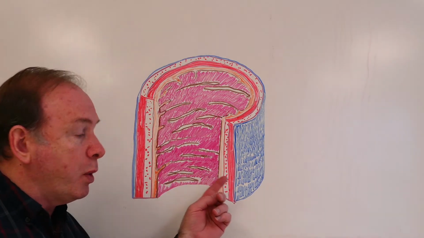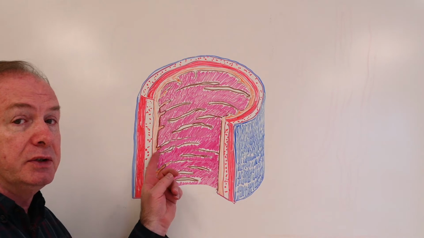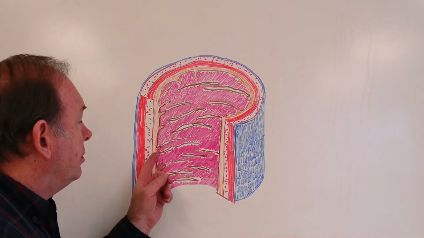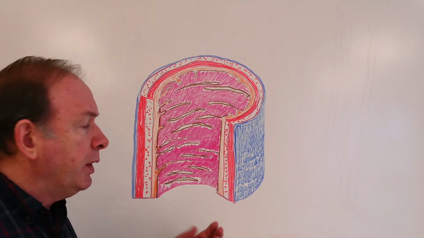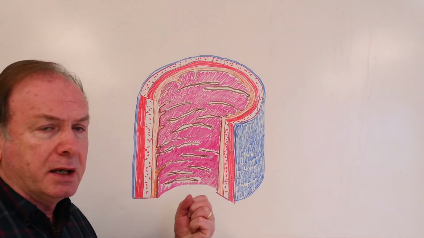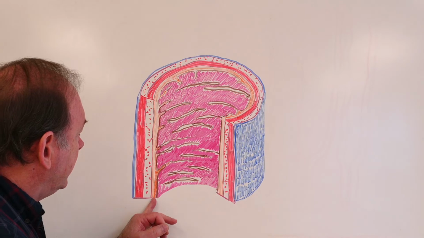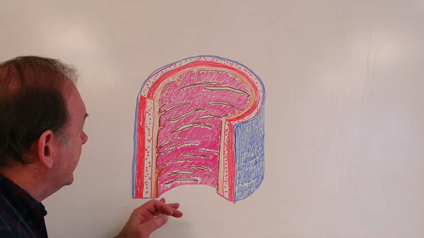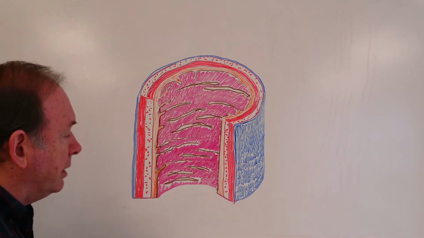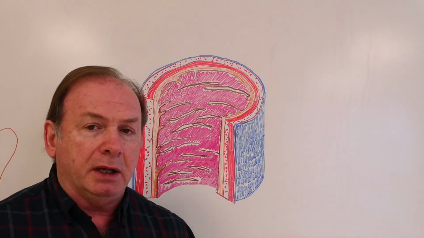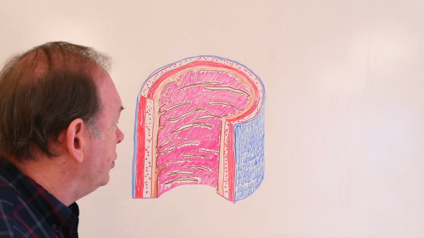Now, if this is duodenum, there will be Brunner's glands in that submucosa zone. If it's the ileum, it'll have lymphatic nodules, at least on one side of the intestine, in that submucosa zone. Outside of that, we have two layers of smooth muscle, an inner circular layer and an outer longitudinal muscle.